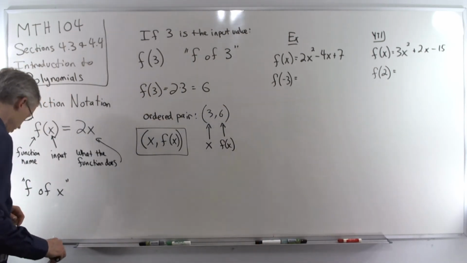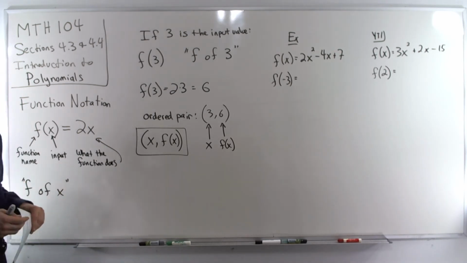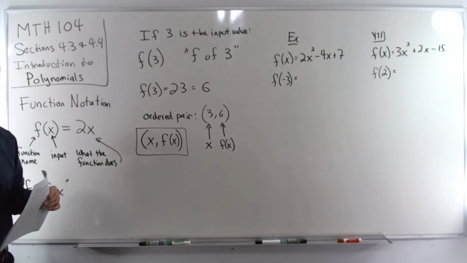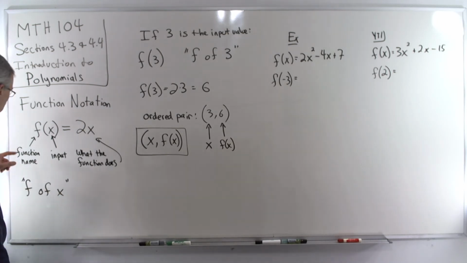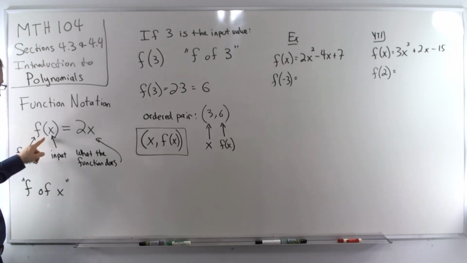So function notation is a way to give a name to an equation so that we can refer to it without having to write out the whole equation. Mathematicians love shorthand. Function notation is structured like this. We've got the function name, some letter, usually f, g, or h, and then parentheses with a variable inside.